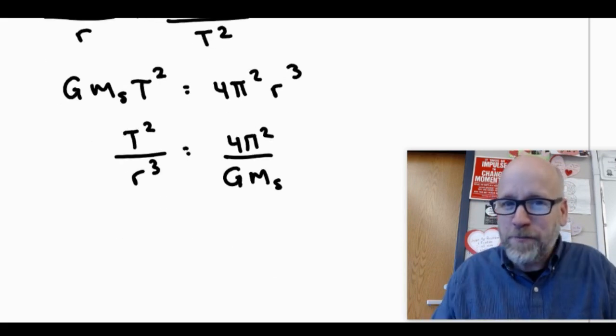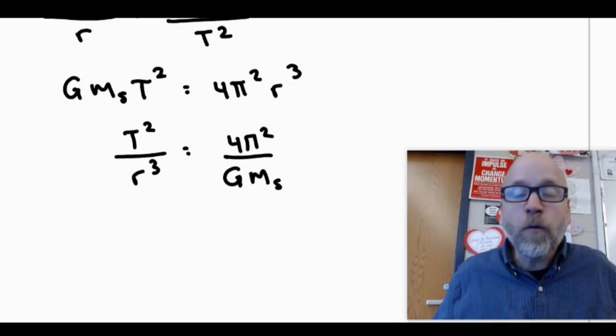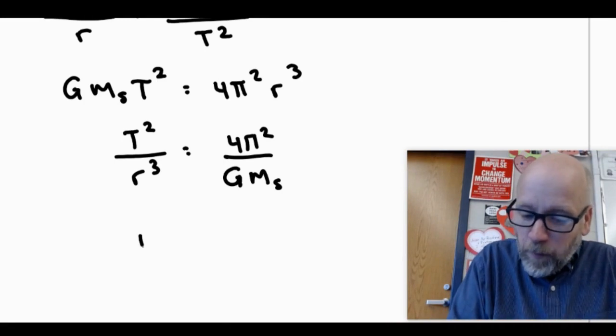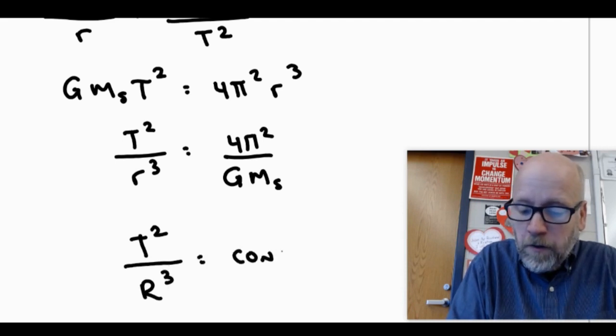Yeah, that look familiar? Johannes Kepler, 40 years prior, had derived a formula from data that period squared over r cubed was constant.